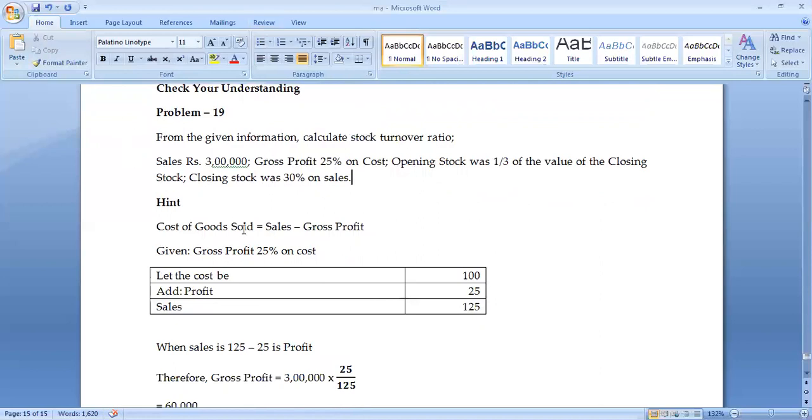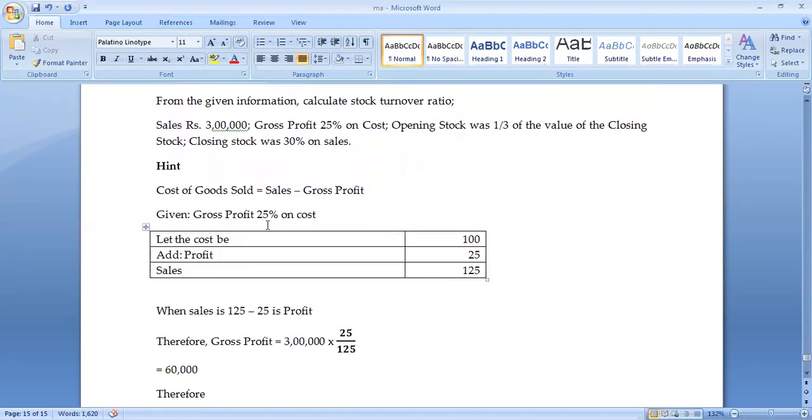The formula to calculate the cost of goods sold is sales minus gross profit. Gross profit is 25% on cost. Let the cost be 100. Profit is 25%, so 100 plus 25 gives you 125 as the sales. When sales is 125, profit will be 25.